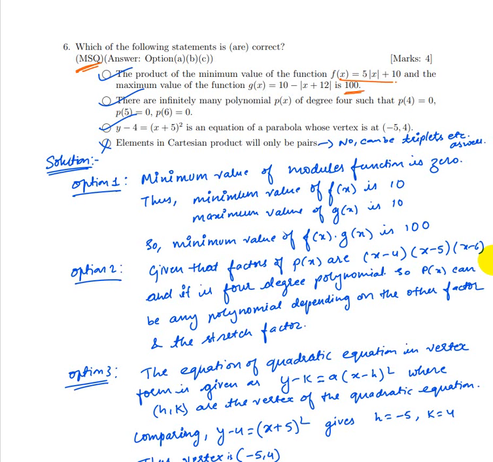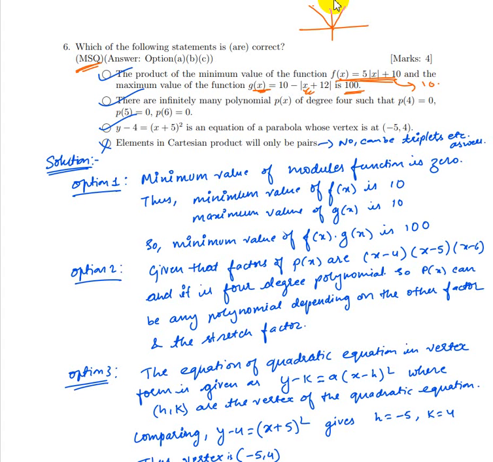Okay, so we know that the graph of the mod function is something like this, and we'll just adjust according to the given condition, but it would remain like this. The minimum value will always be 0, so the minimum value of this function will be 10, and the maximum value of this function will also be 10, because if we put any values of x here, the value will keep on decreasing.